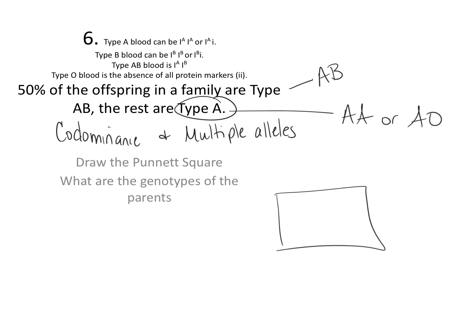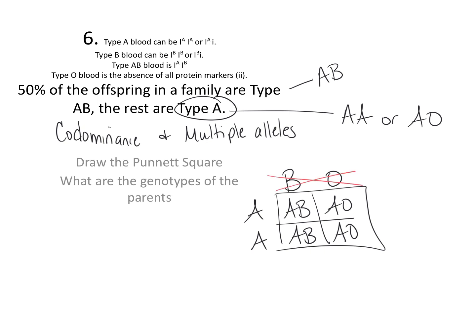So if we were to do some Punnett squares where we only end up with these particular genotypes, if we had family members who are blood type B and family members who are blood type A, then we could get only AB blood type and then AO. But it does not say that anyone in this family has blood type B. So we're not going to go with that as a possibility.